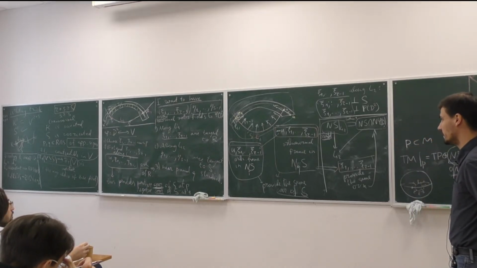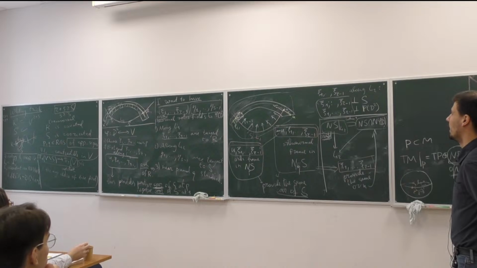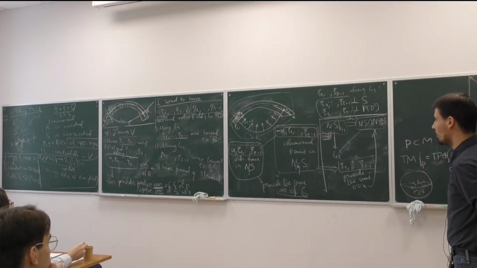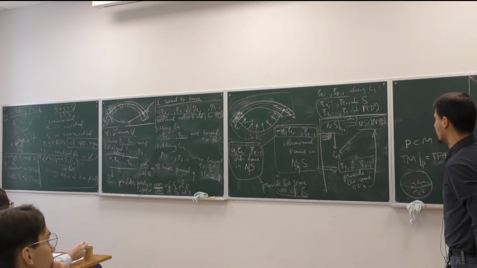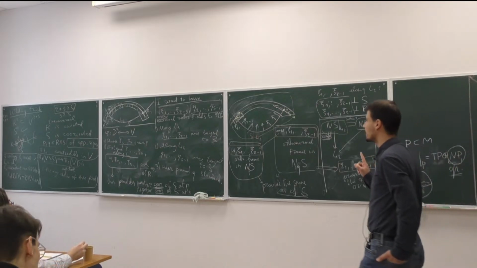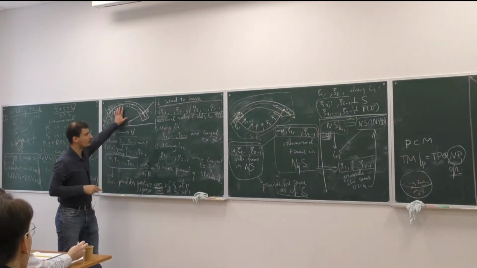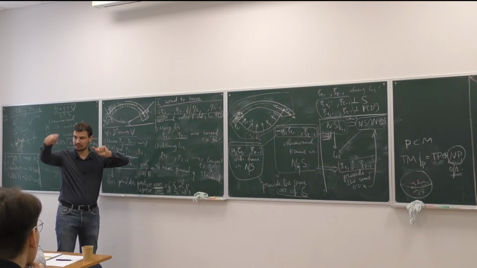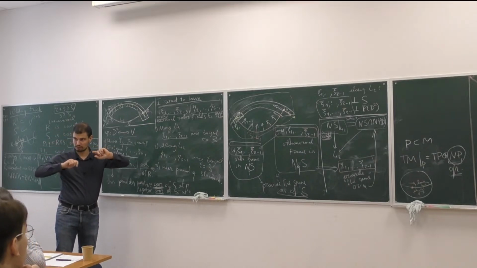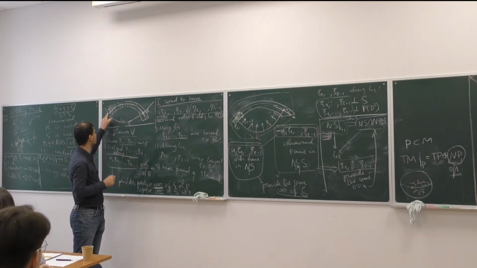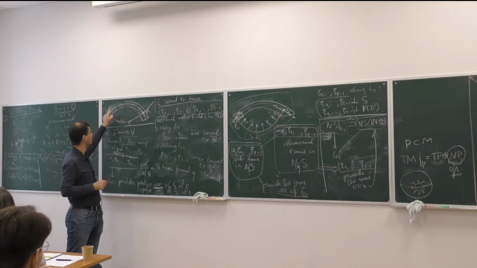What do we see at the moment? At the moment, we see the following: we have extended C1, ..., C(R minus 1), but not over the disk, only over its boundary. We have extended it along this path and along this path.